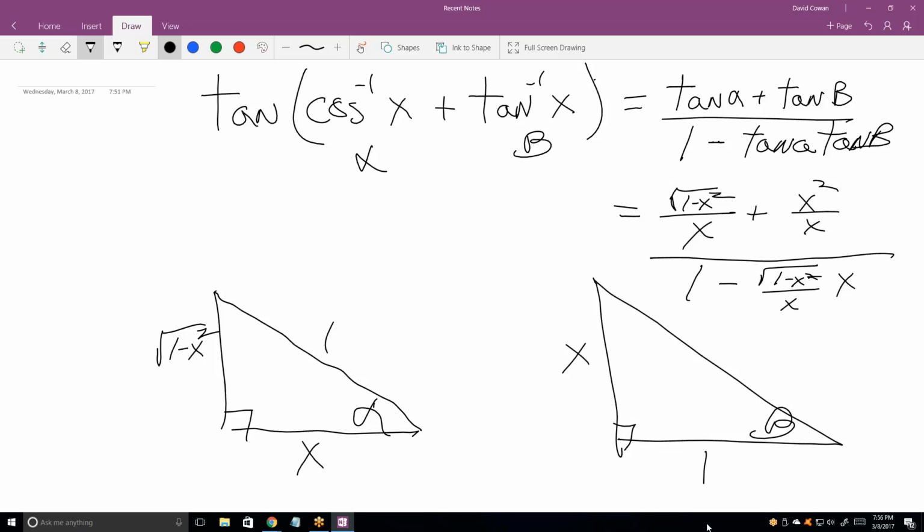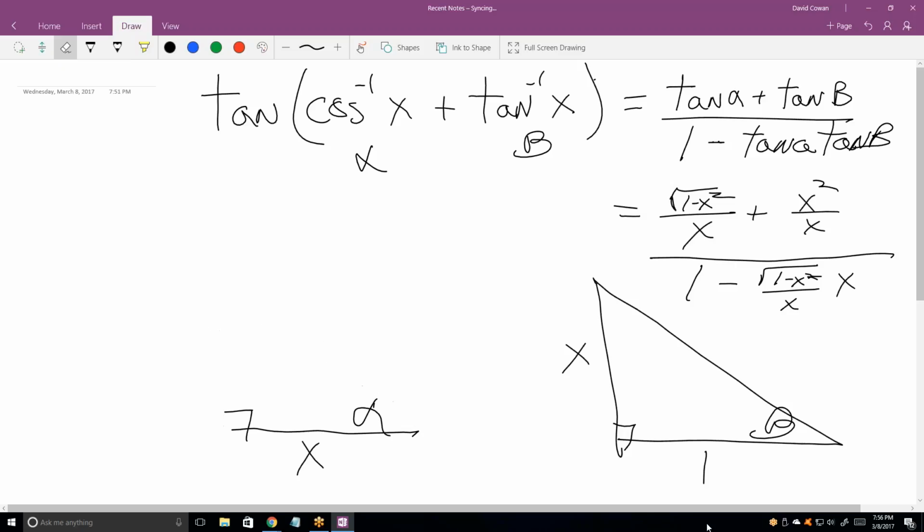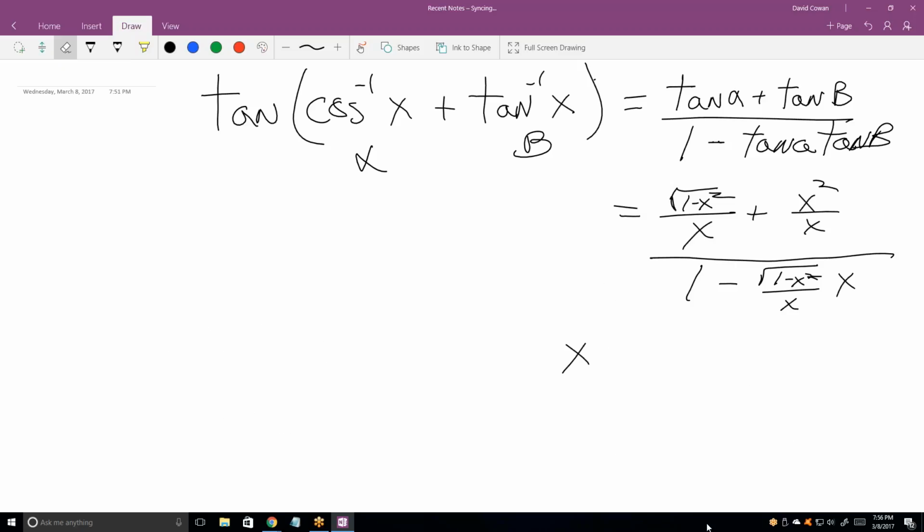Not seriously, but you see why it's easier to just write it as x? Because I'm going to be multiplying these two, so the x's disappear. Now, we do want to simplify this because it might simplify. In other words, I definitely don't want to give this as an answer.